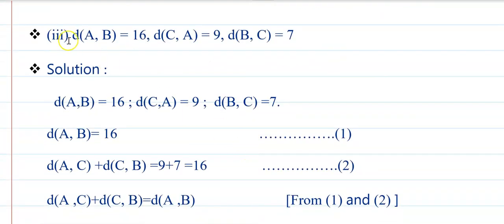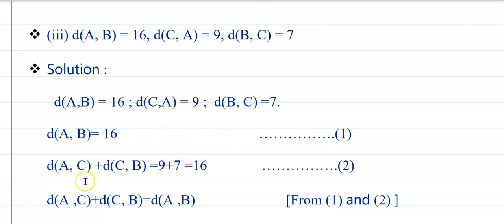Now the next example: distance AB is equal to 16, distance AC is equal to 9, distance BC is equal to 7. In this case, it's clear that 9 plus 7 is equal to 16, and point C is common between these two, so we get the distance AB. Therefore distance AB is equal to 16, this is 1.